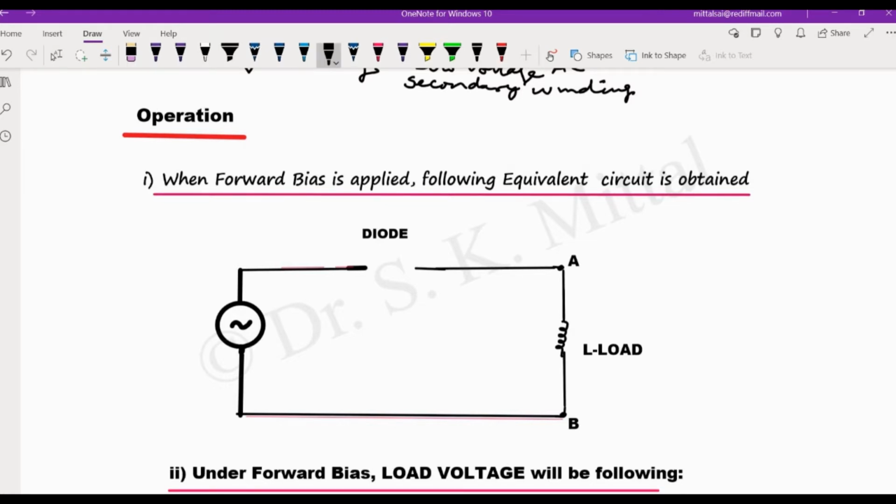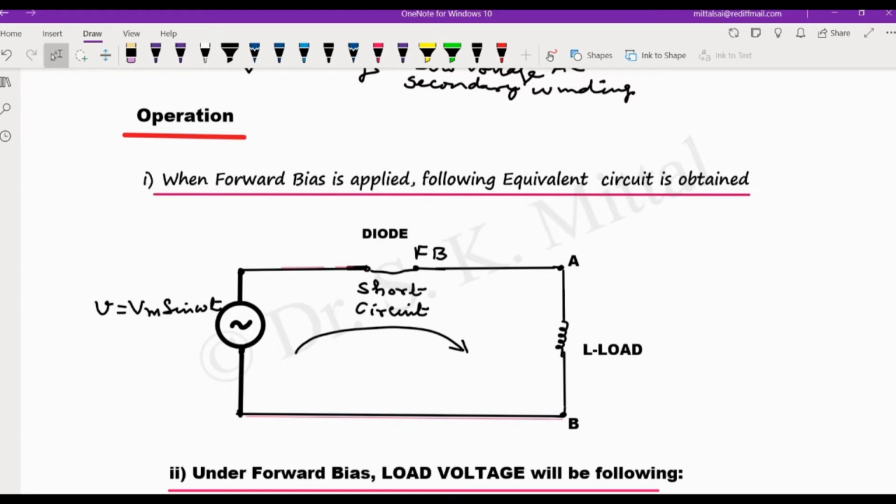So now see here, if I apply single phase AC supply voltage, V is equal to Vm sin omega t, and if diode is forward biased, it will be represented by short circuit, because under forward bias condition, diode offers very small amount of resistance, and therefore the load current starts flowing in this way, because here is the anode terminal of diode and here is the cathode terminal of diode.